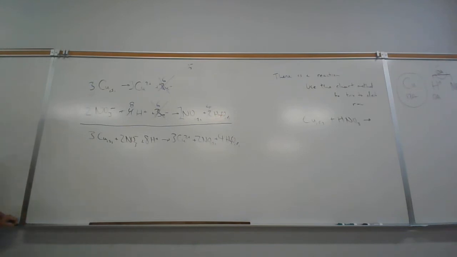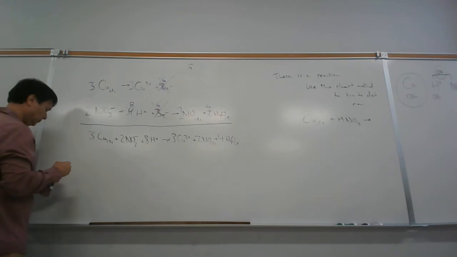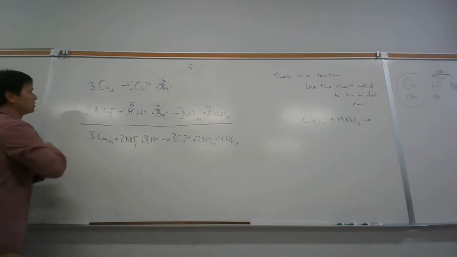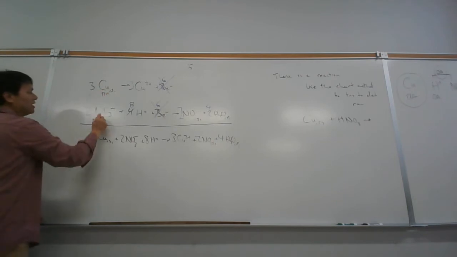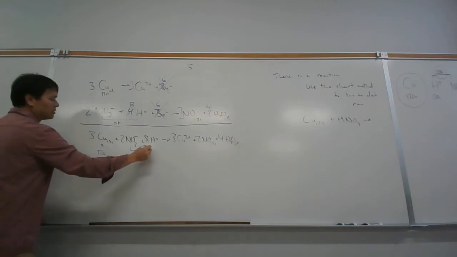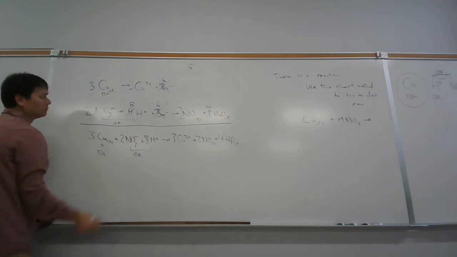And then I compare. What we said was that the copper is a reducing agent, so that's our reducing agent. And then the nitrate with the H plus, this is our oxidizing agent.